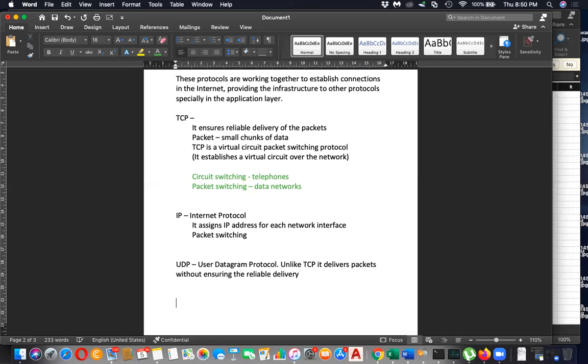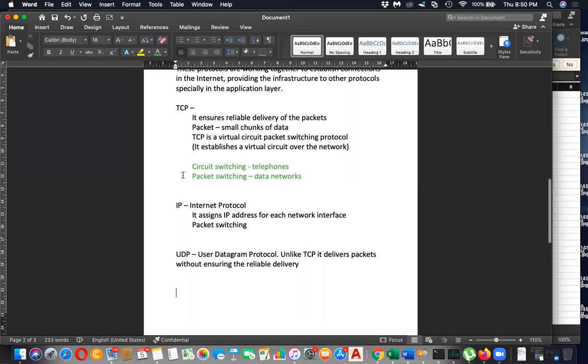So basically, in my language, I call TCP like a bus route protocol, but this is like a three-wheel or tuk-tuk protocol. Why am I telling it like that?